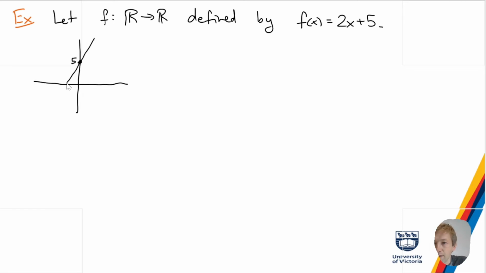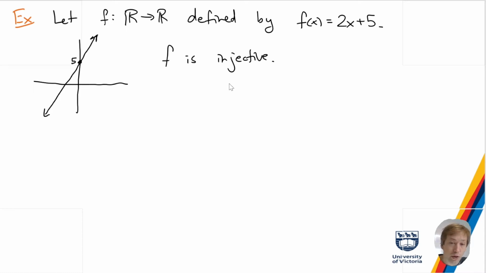So it's a somewhat steep line. I claim that f is injective. I want to say that any two different real numbers have different images under f. Or in other words, if two numbers have the same image under f, then they must be the same number.